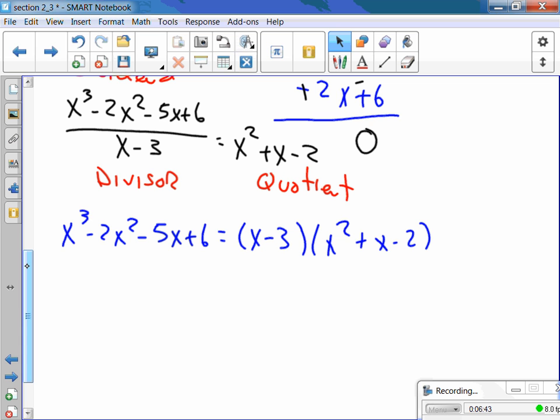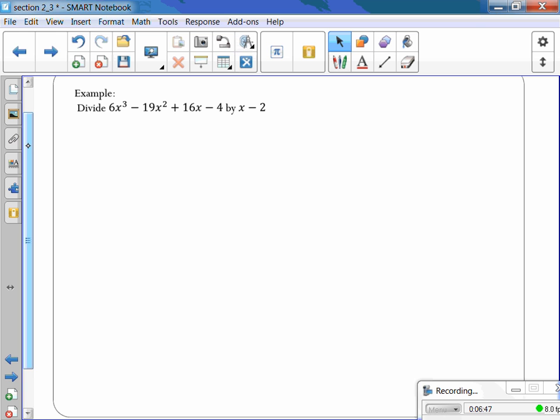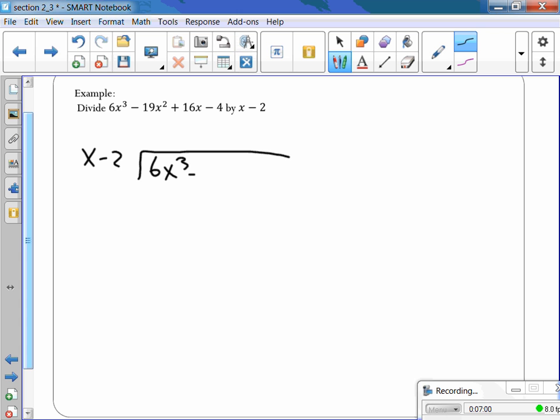So let's look at another one here. 6x cubed minus 19x squared plus 16x minus 4 divided by x minus 2. So how do we start this off, Jordan? So you get 6x cubed.